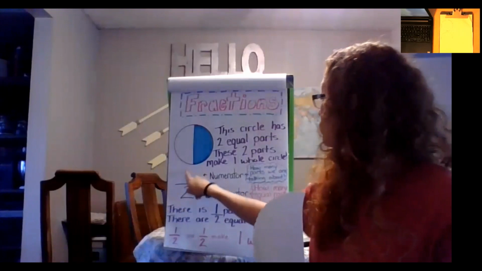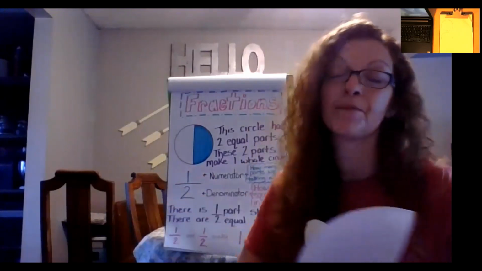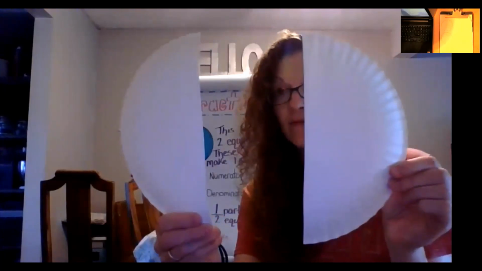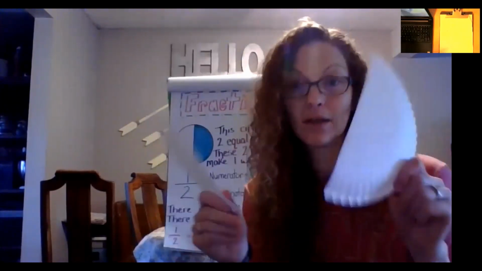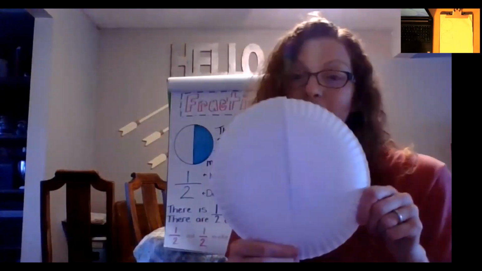So 1/2, because there's 1 out of the 2, we call it 1/2. 1/2 and 1/2, put them together, and we're back to 1 whole. So you could say 1/2, or sometimes people call them halves. So this is a half. 1/2, halves, 2 halves equal 1 whole.